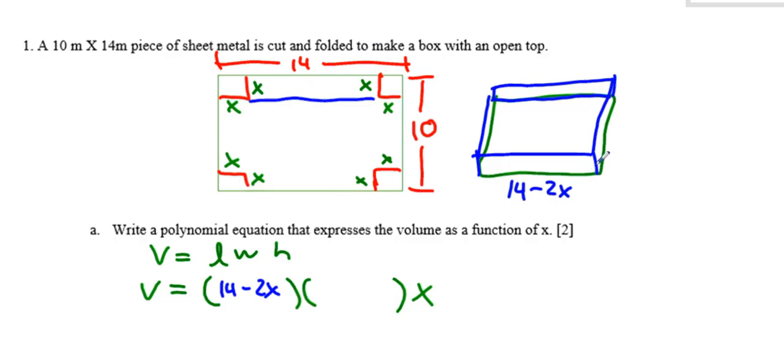Then the width here would be the 10 minus the X that we cut from each side, so that's 10 minus 2X. So the width is 10 minus 2X. So there's our polynomial equation. We replace length with what it is, width with what it is, and height with what it is.